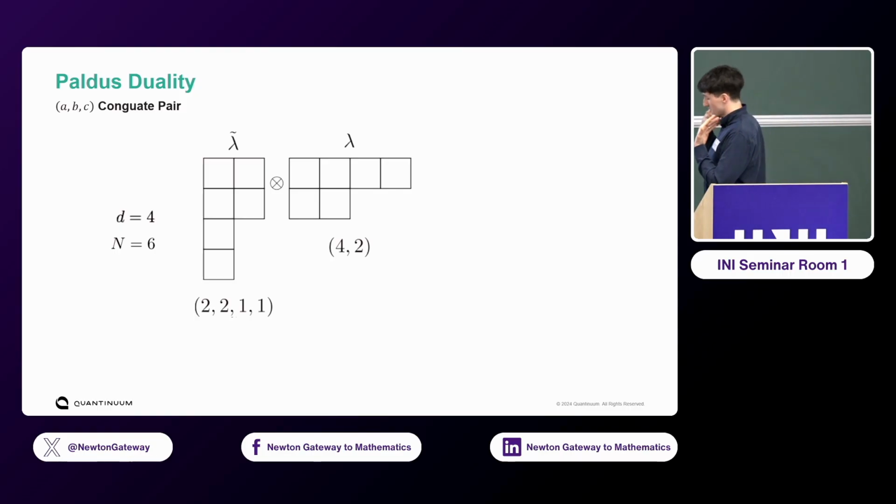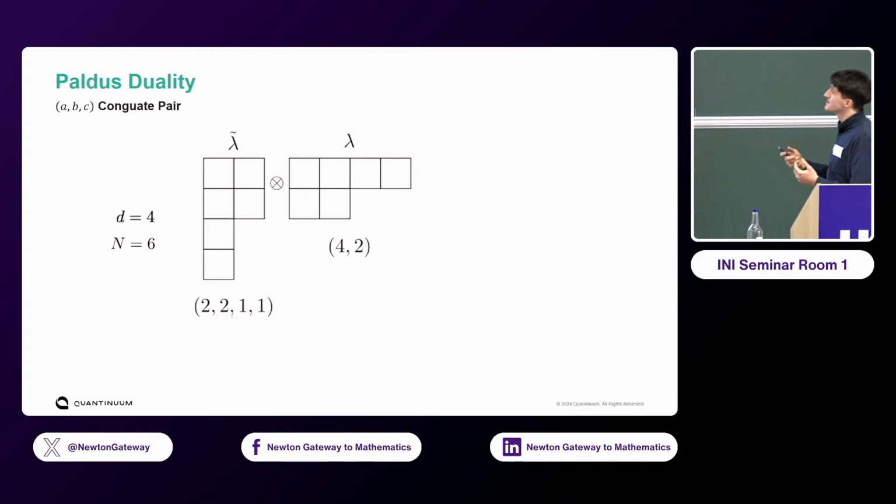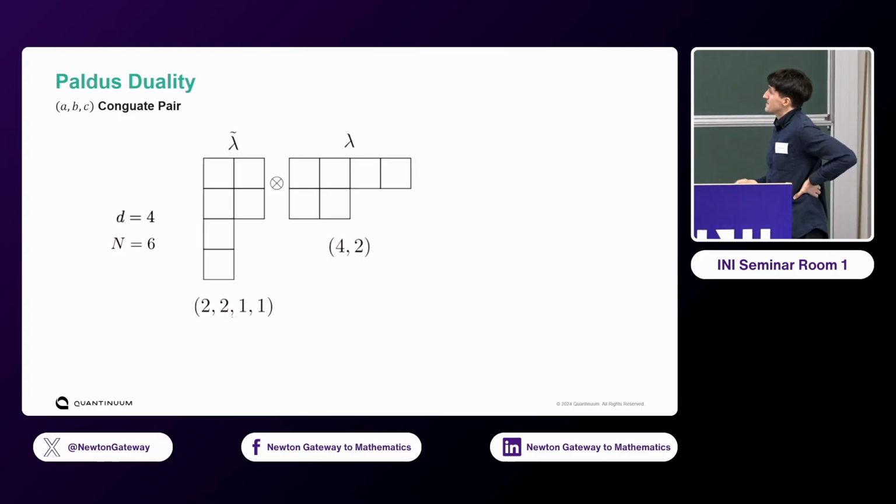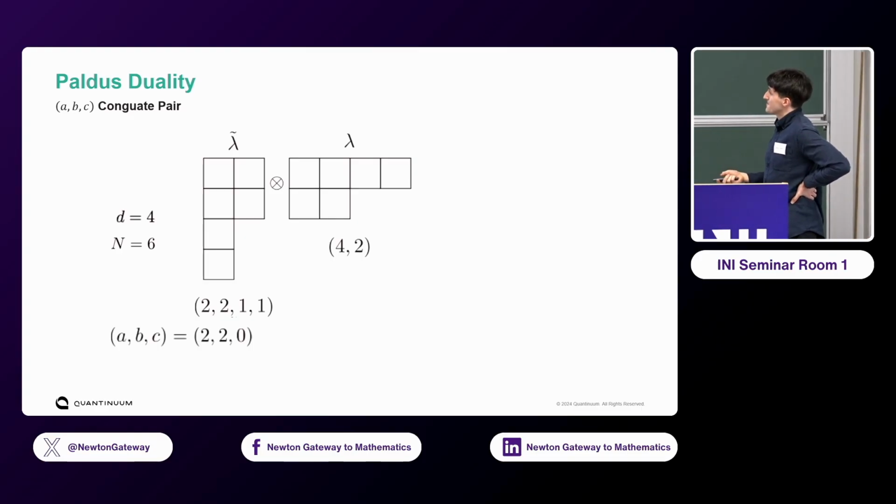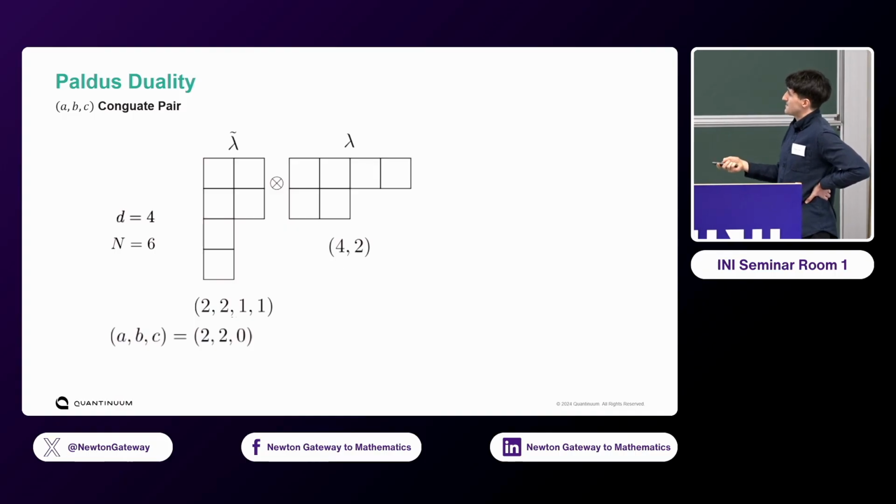So we have this conjugate pair for every element of the polynomial. So we just take this d equals 4, n equals 6 case. We just look at the orbital part here, this vertical one.